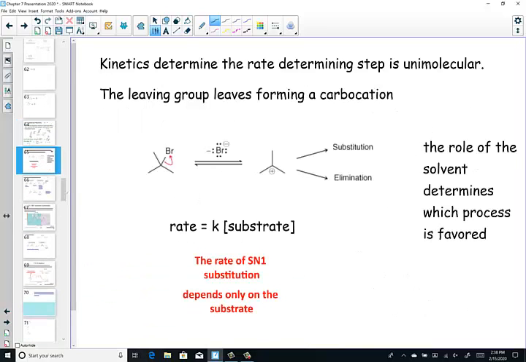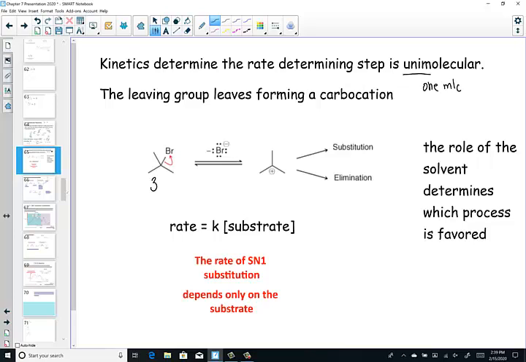Now, let's consider the unimolecular reaction. Unimolecular means the rate determining step involves just one molecule, not bimolecular where two molecules collide in a concerted mechanism. But here we have a stepwise mechanism where the rate determining step is the leaving group leaving.